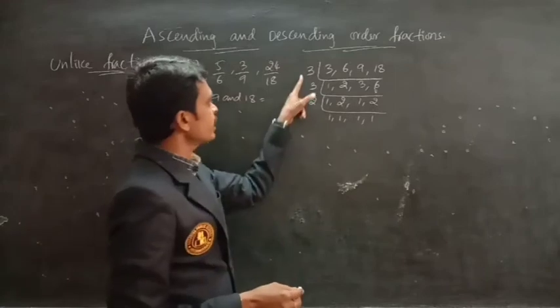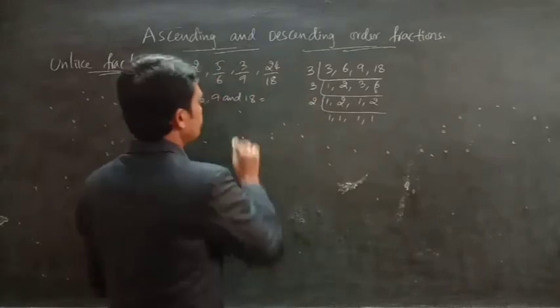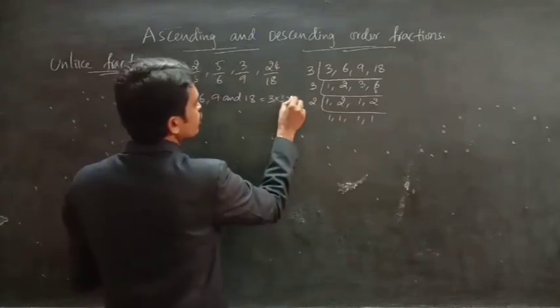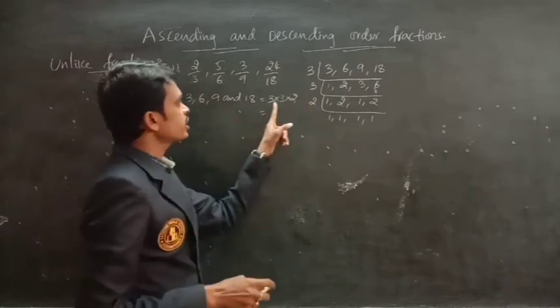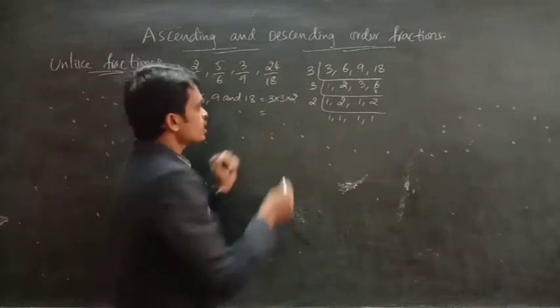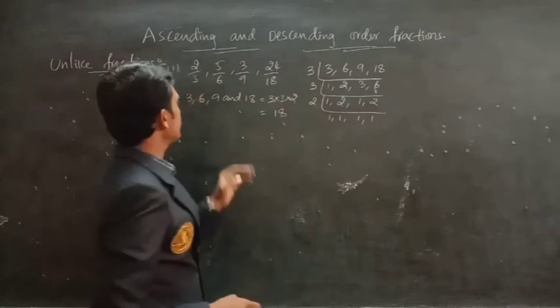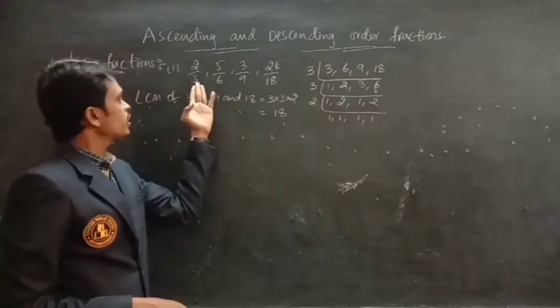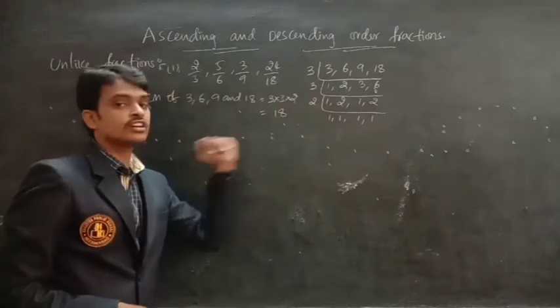Now let us multiply these numbers to get the LCM: 3 into 3 into 2. 3 threes are 9, 9 twos are 18. So the LCM of 3, 6, 9 and 18 is 18.